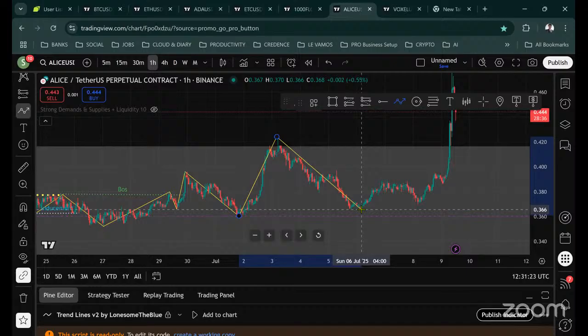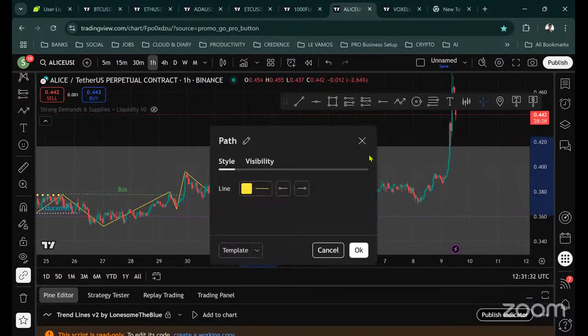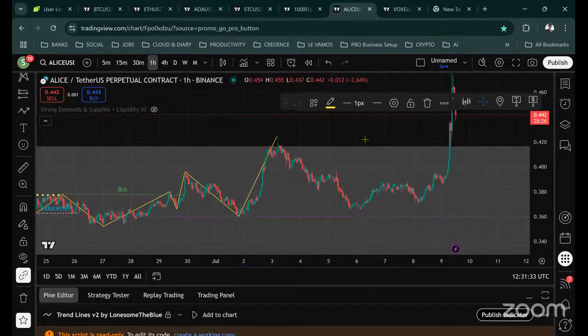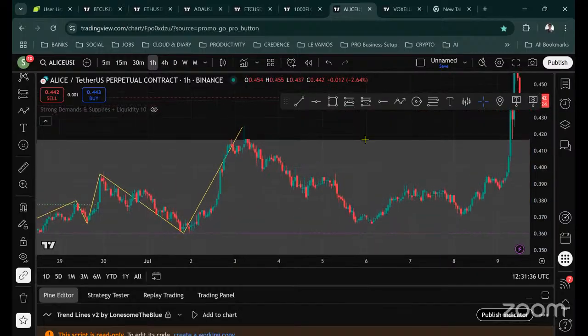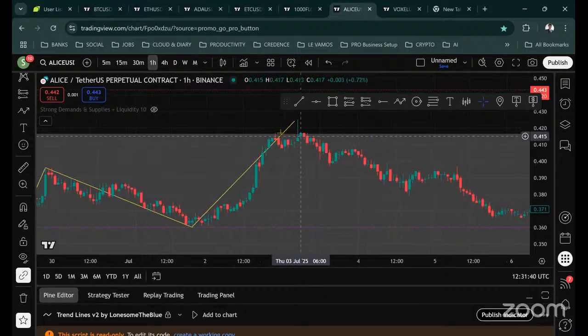I think you missed a valid pullback up there. Yeah, this is a valid pullback.